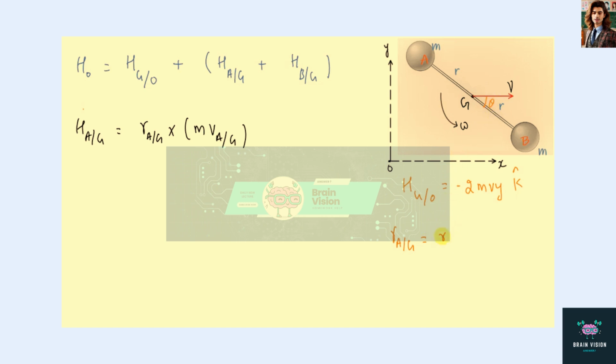So this would be negative cosine theta i cap plus sine theta j cap.